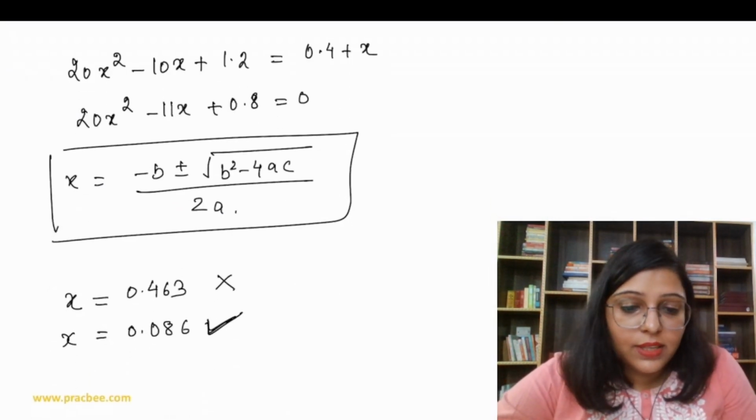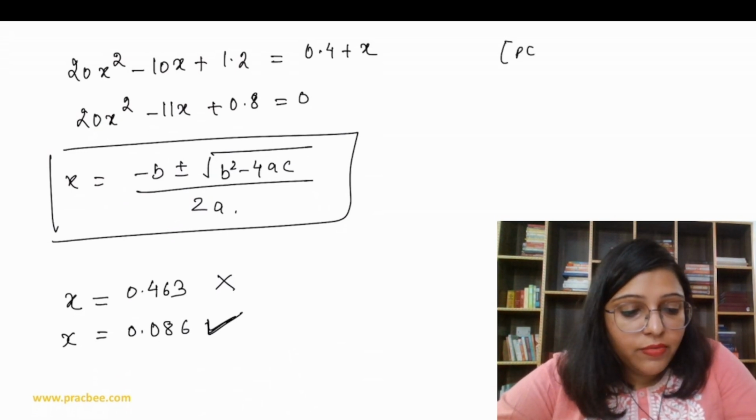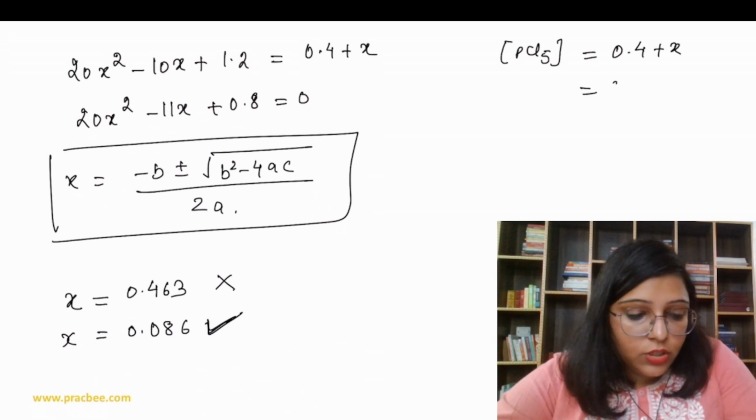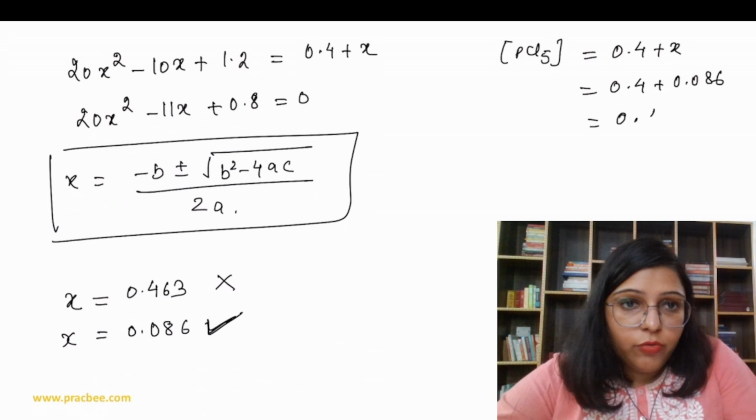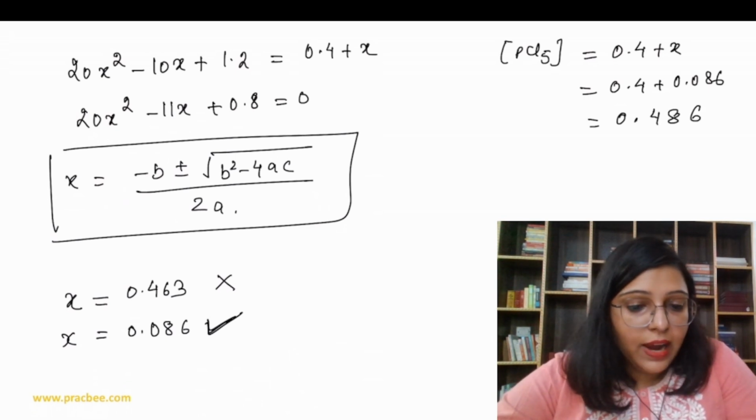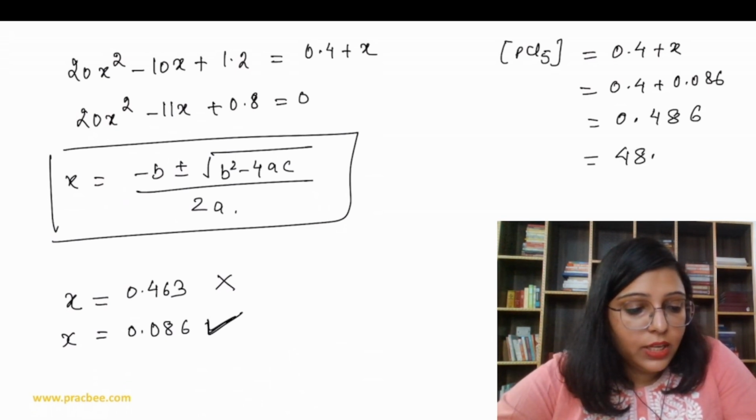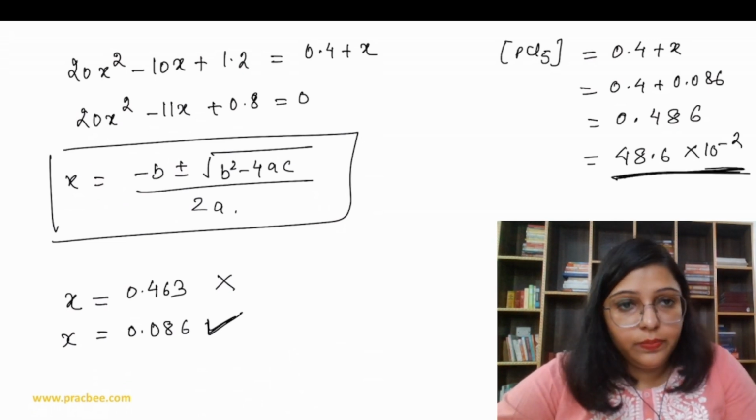Once you accept this value of x, the PCl5 concentration is going to be 0.4 plus x, which is equal to 0.4 plus 0.086, which is 0.486. We have to report the answer in terms of 48.6 into 10 to the power minus 2. So the answer is this.